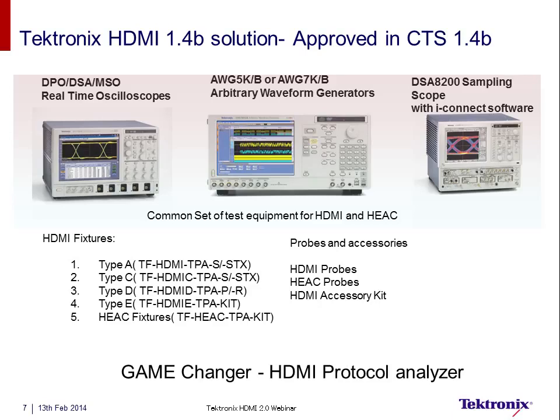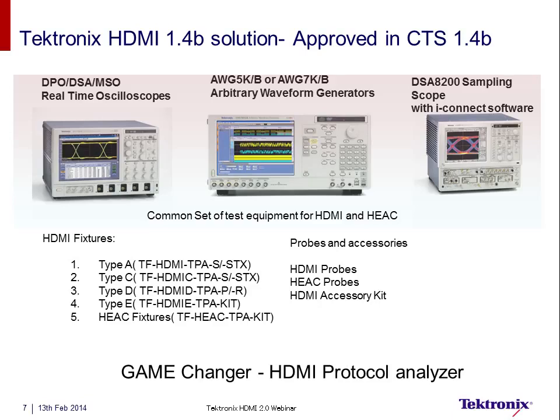Not just for the normal HDMI, these are the same set of equipments that are used for both HDMI and HEAC. This gives the customers the choice of ensuring that the same equipment they have invested in for normal HDMI is also used for HEAC, unlike the alternate solutions that are available in the industry today.